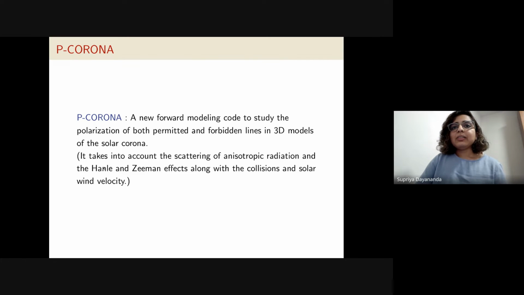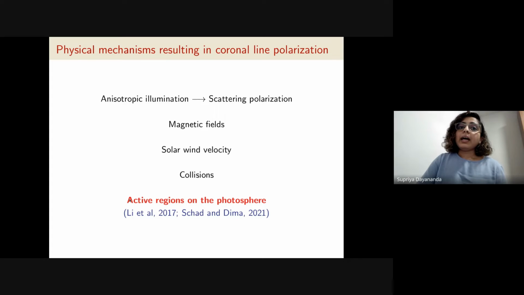It takes into account anisotropic radiation, Hanle and Zeeman effects, and also collisions and solar wind velocities. We do not include the effects of active regions on the photosphere yet, but the studies by Lee et al. and Sharon Dima in 2021 have shown that these effects are not very significant and will not lead to a significant error in the measurement of polarization signals.